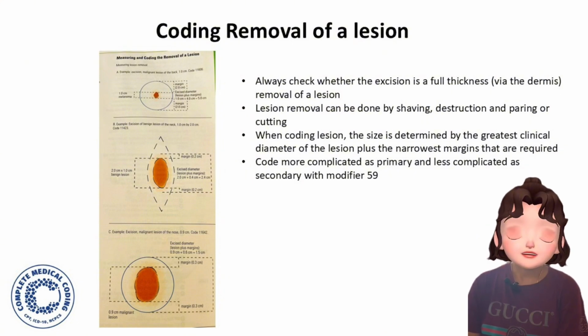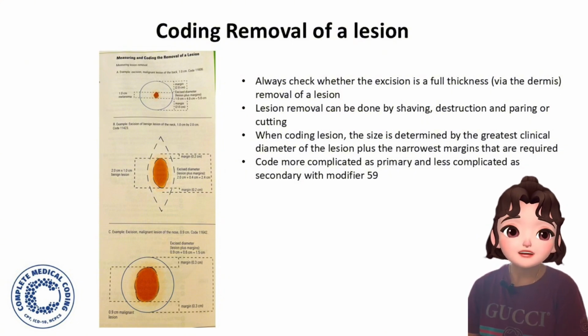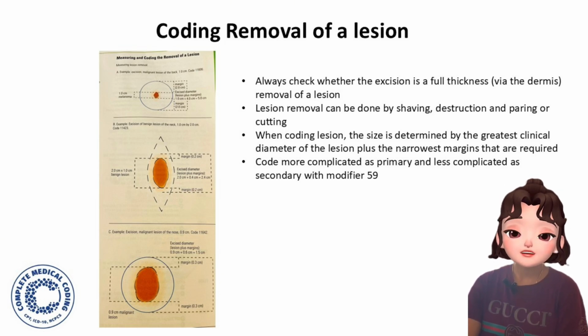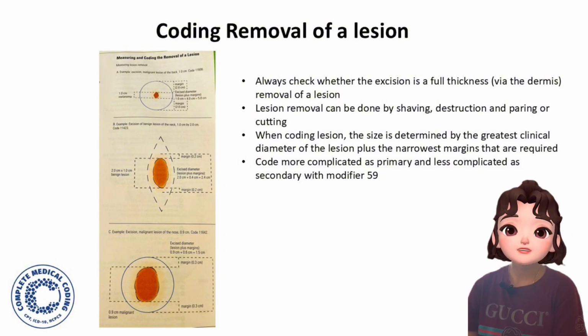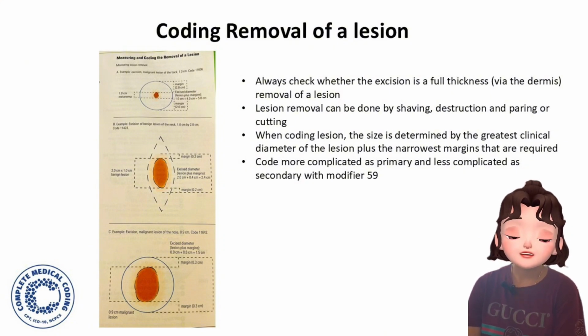Also, during the repair, as I already told you, there are three repairs: simple, intermediate, and complex. When you go for coding the repair part, you have to check whether, for example, the wound is single, then you can simply code.